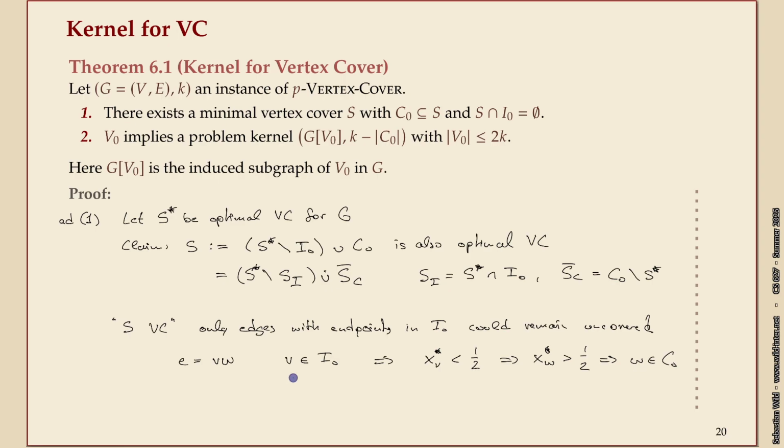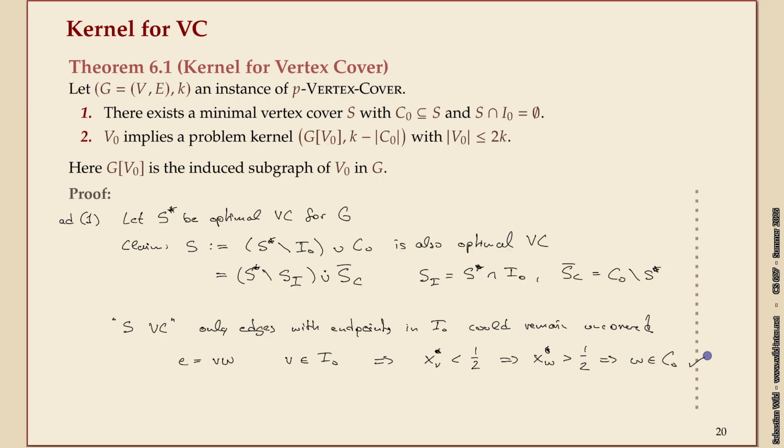So we might remove V if it even was in the solution S star. But even if we remove it, we make sure that we add back in the other endpoint, so that edge will be covered. Okay?